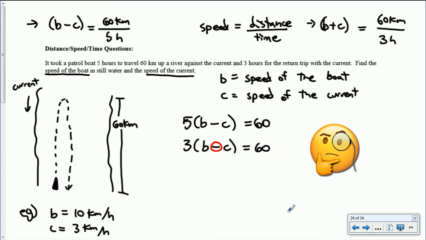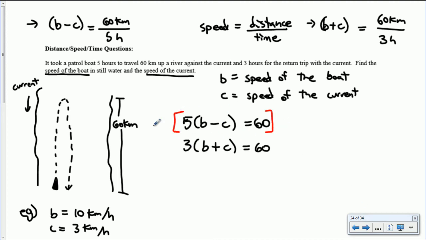Now, we can solve this by elimination. Sorry, this should be b plus c. We can solve this by elimination because the signs of c are opposite. If I multiply this entire equation by 5 and this entire equation by 3, you'll see that we can eliminate this fairly quickly. So multiply this whole thing by 5.